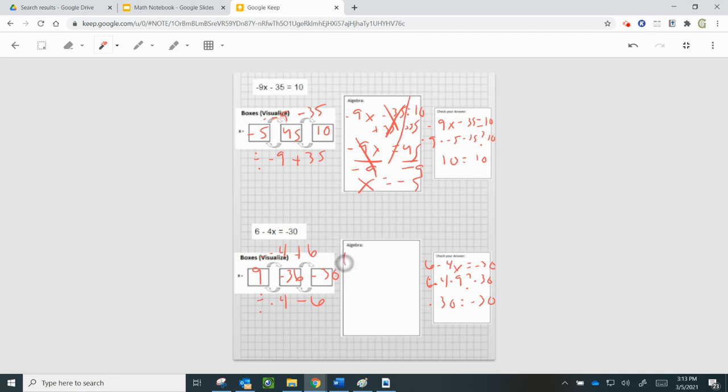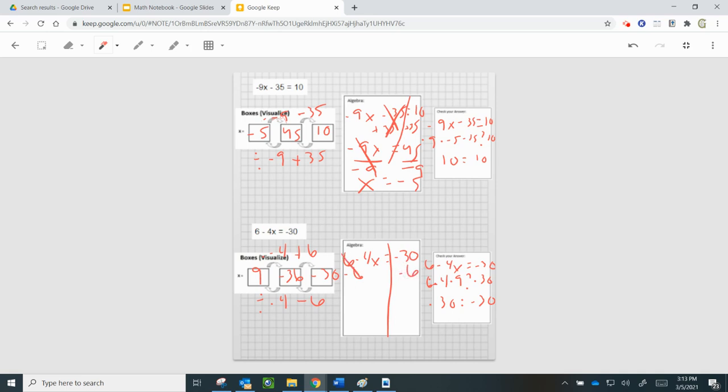I have 6 minus 4x equals negative 30. So I'm doing the across-the-top-of-the-boxes thing in my head. x is multiplied by negative 4. Then there's this positive 6. So to fix the positive 6, I have to subtract 6 and subtract 6.